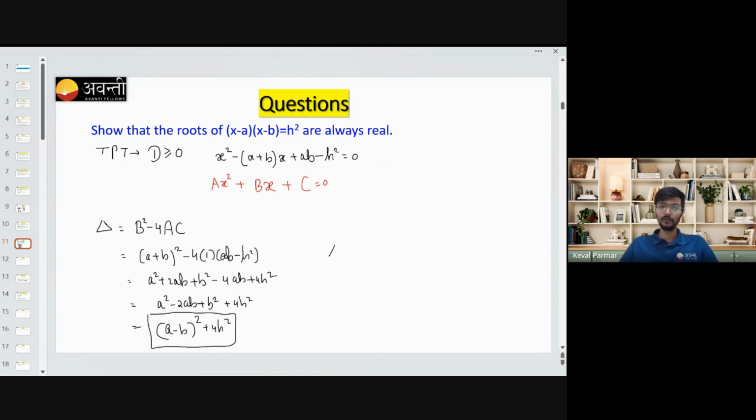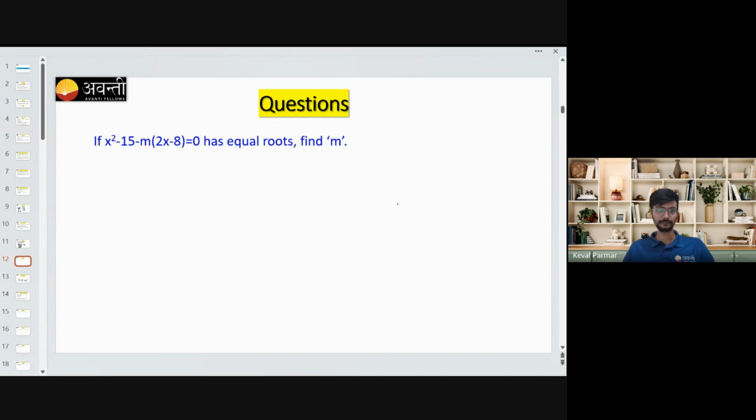So we can conclude that discriminant is greater than or equal to 0, which means the roots are real. Correct? I don't care if they are equal. I am only interested in whether the roots are real or not. Let's move on to the next.